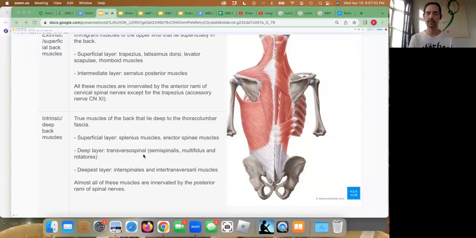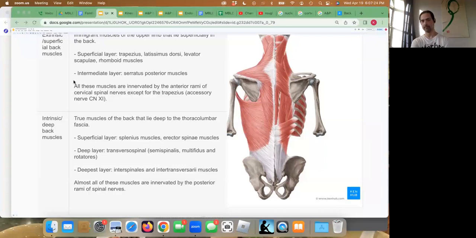I think to an extent, the FSMTB wants you to be successful. And these deep ones, the semispinalis, multifidus and rotatores, are almost never referred to as the transversospinal or transversospinalis muscles. And we've only covered so far the superficial layer of these intrinsic muscles.